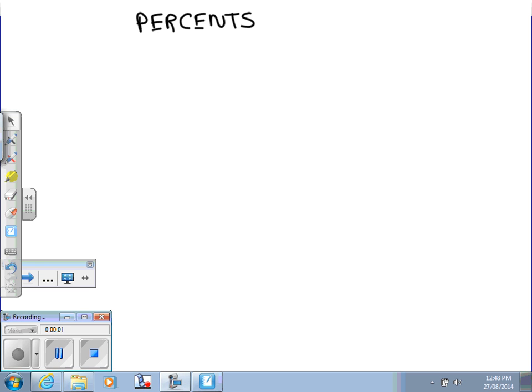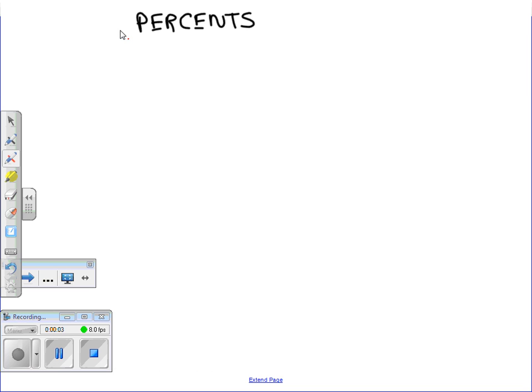In this unit, we are going to be looking at percents. Percents represent parts out of 100 parts.